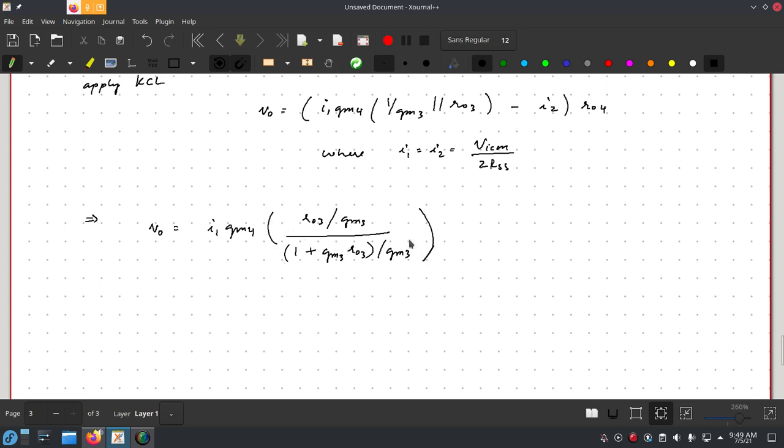This Gm3 will get cancelled. Minus I2 whole into R04.